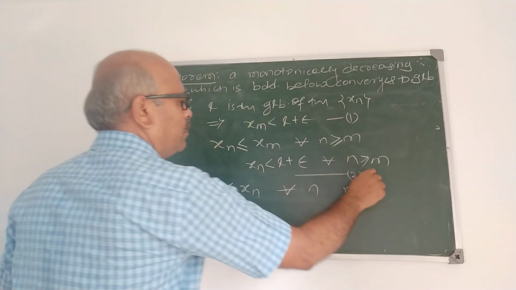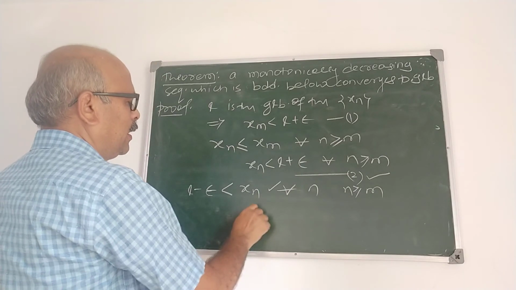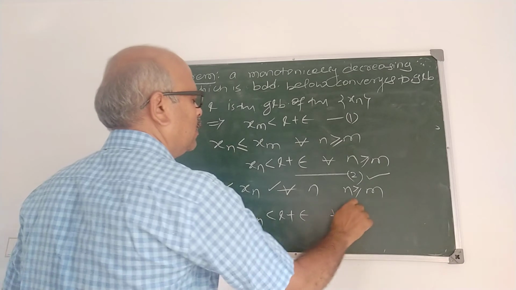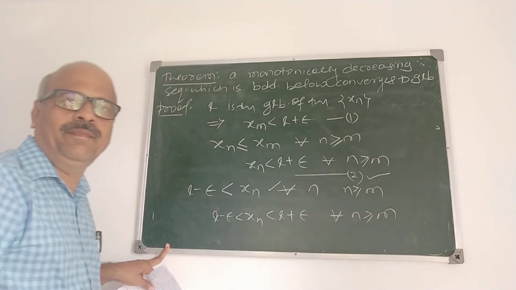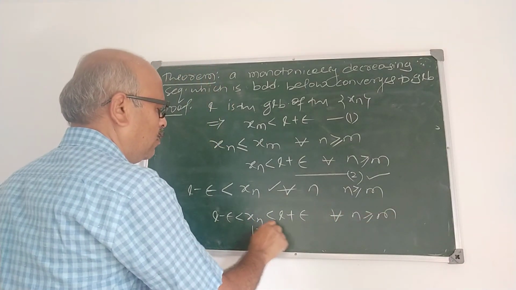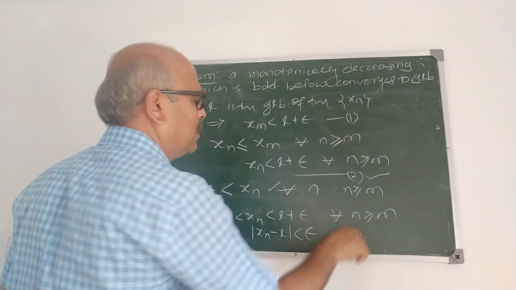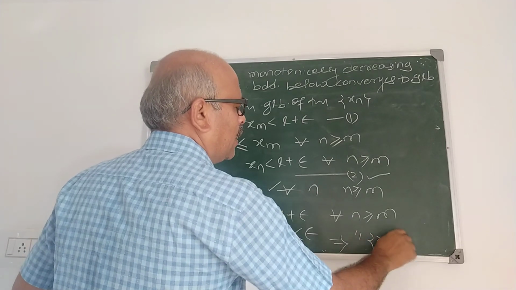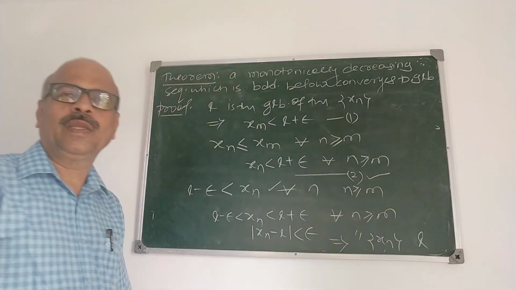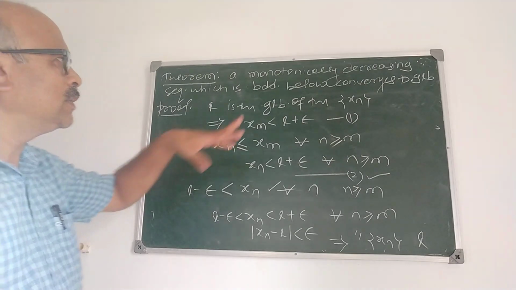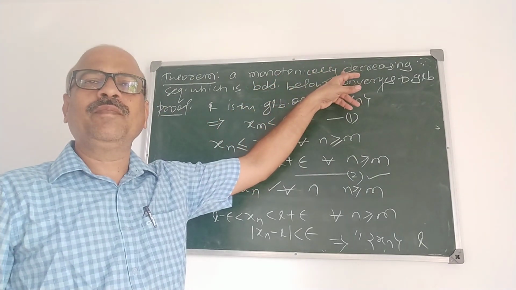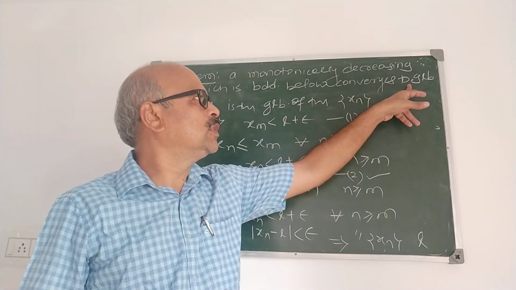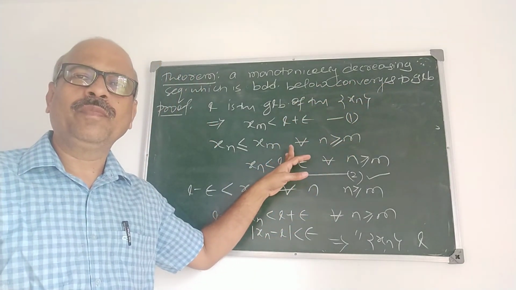Now use these two. What do you get? xn is greater than L minus epsilon and less than L plus epsilon for all n greater than or equal to m. That implies mod xn minus L is less than epsilon. What does this imply? xn converges to L. Therefore, if the sequence is monotonically decreasing and bounded below, this is important, it converges to its greatest lower bound.